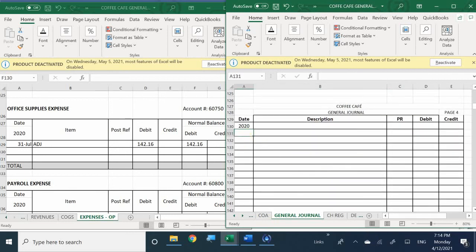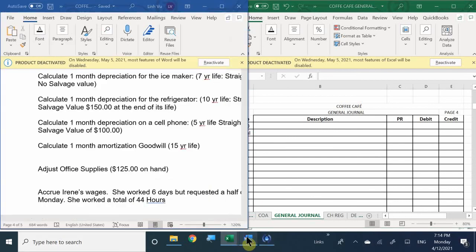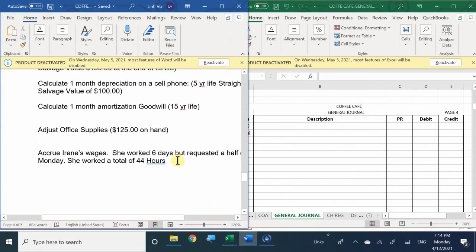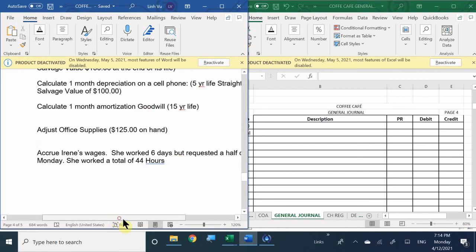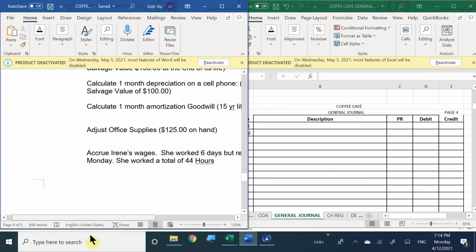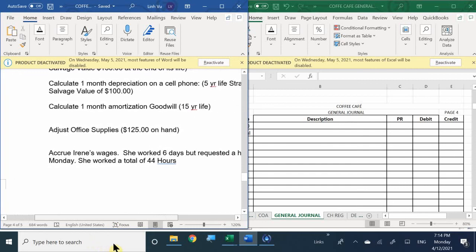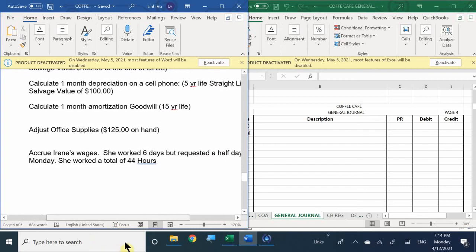So last but not least, let's see what else I have done here. I need to now accrue for Irene's wages. She worked a total of 6 days, but requested a half day off on Monday, so therefore she worked a total of 44 hours.